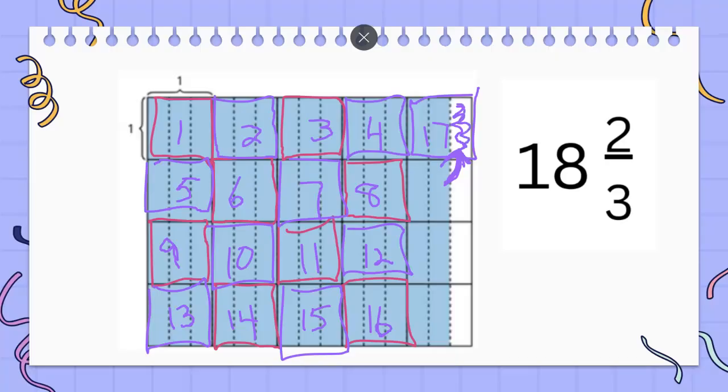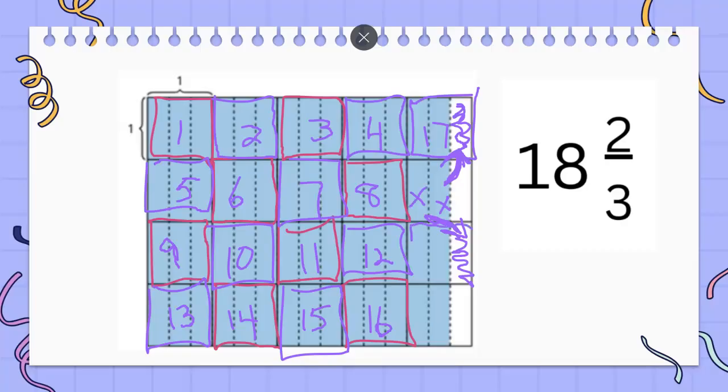So that means this is gone. It is no longer there. Now what I'm going to do is move this one down here, and we're going to shade that. And this one no longer exists because we're moving it.